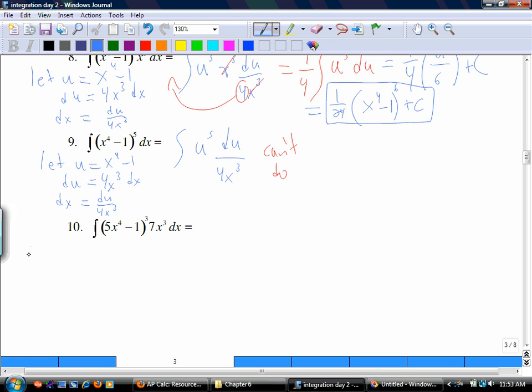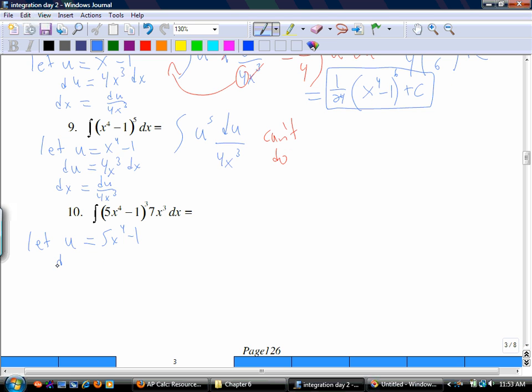All right, last one here. We're going to let u equal what? Now I've got two options. Yeah. Again, most of the time, always pick the inside. So du is 20x cubed. The minus 1 goes away.